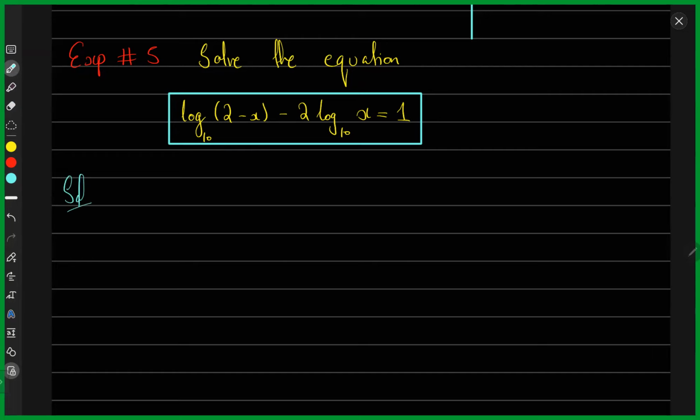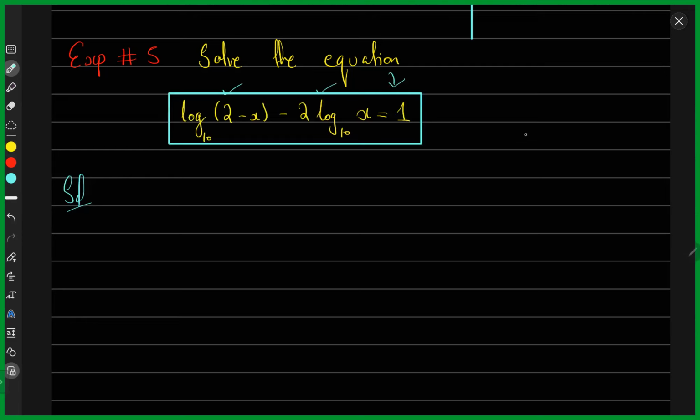Let's talk about the solution of this one. So we have log again, and you've been asked to solve this question. And for solving this, we need to get rid of this log. And how do we do that? By having log with every term. So we have log with the first term, we have log with the second term, but we do not have log with the third term, that is 1. How do we have log with 1?